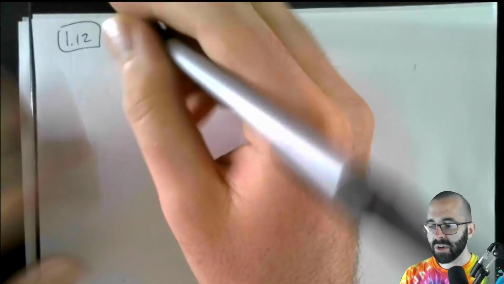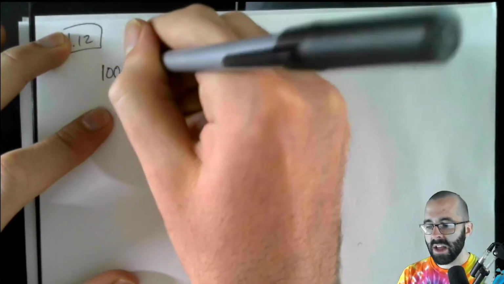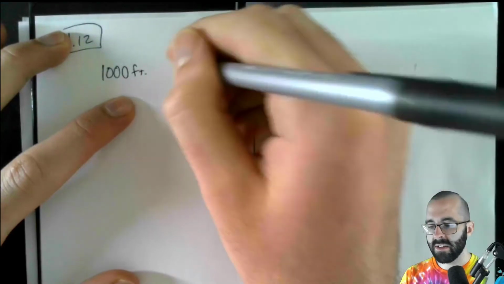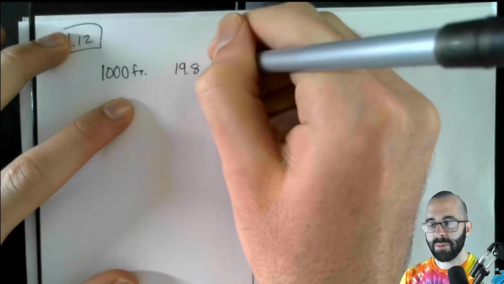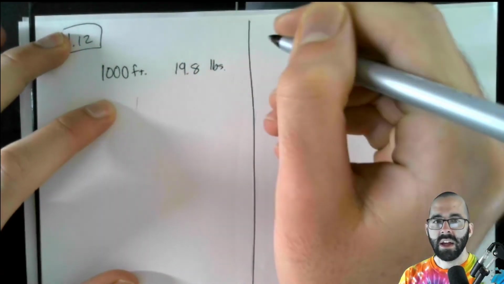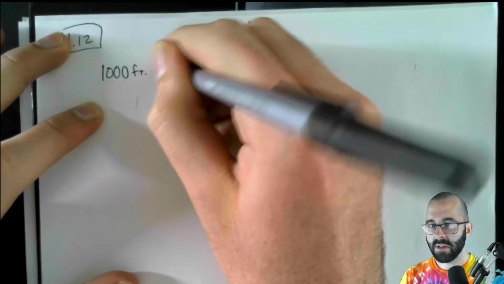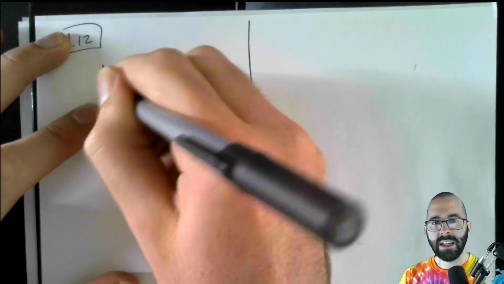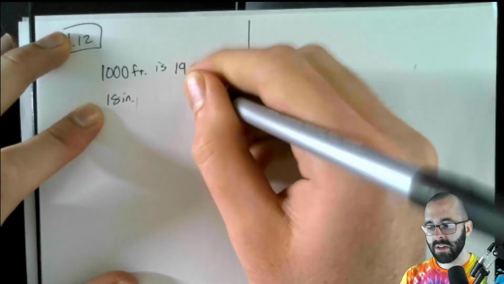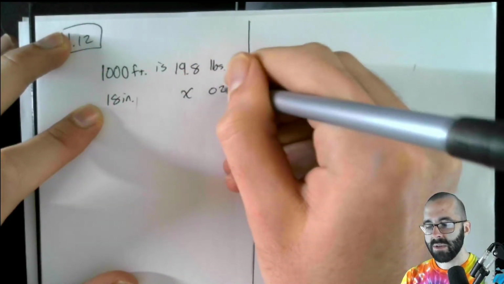So let's organize our data. If we have 1,000 feet of wire, that's 19.8 pounds. And the question is, an 18-inch spool of wire is how many ounces?